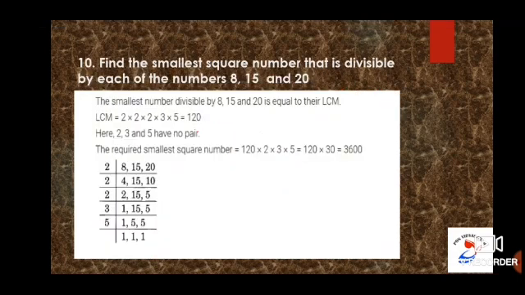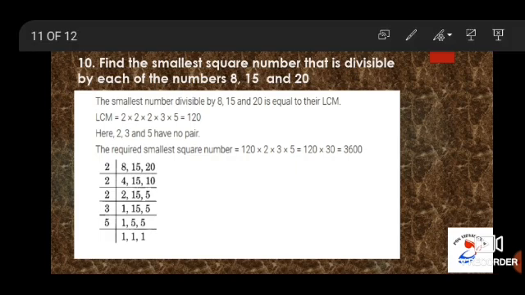So now the last problem for this exercise. Find the smallest square number that is divisible by each of the numbers 8, 15 and 20. Again the same model. We have to first find out the LCM of 8, 15 and 20, that is nothing but 120. For this 120, 2 into 2 into 2 into 3 into 5 are its prime factors.